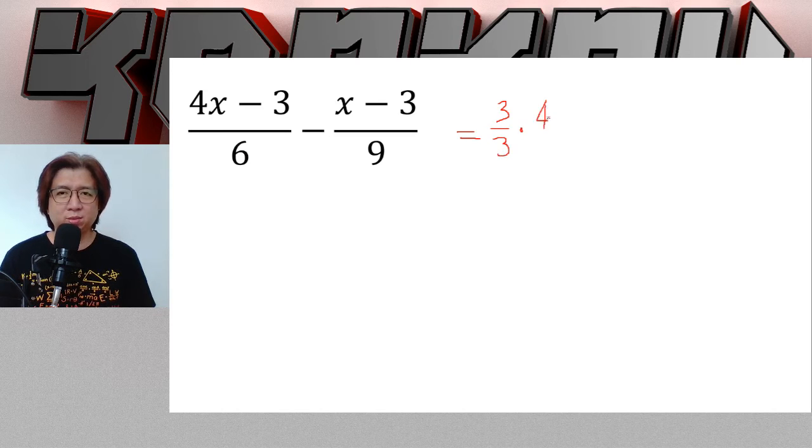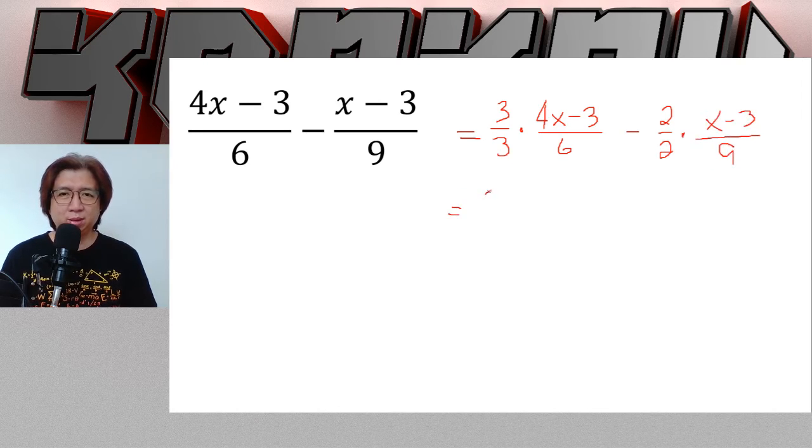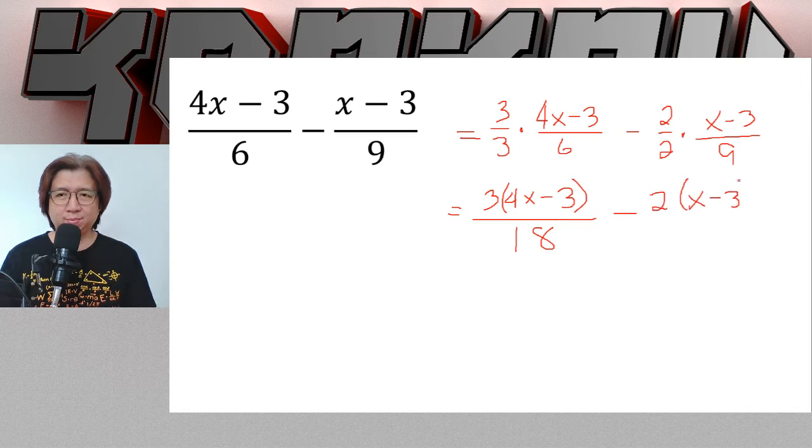So we have 4x minus 3 all over 6 minus, and to have 18, we have 2 over 2 times x minus 3 over 9. So we have 3 times 4x minus 3 all over 18 minus 2 times x minus 3 all over 18.